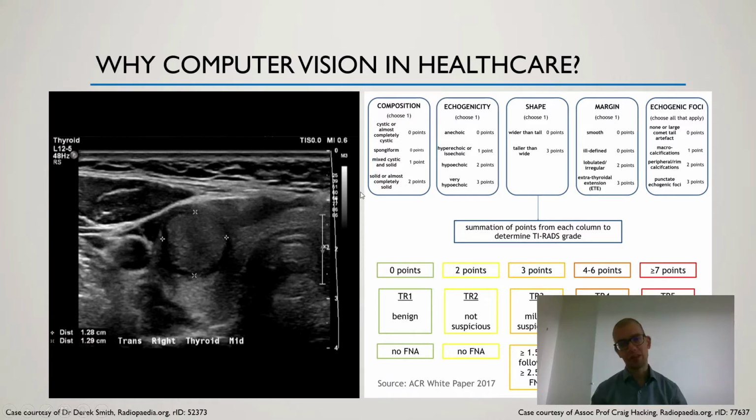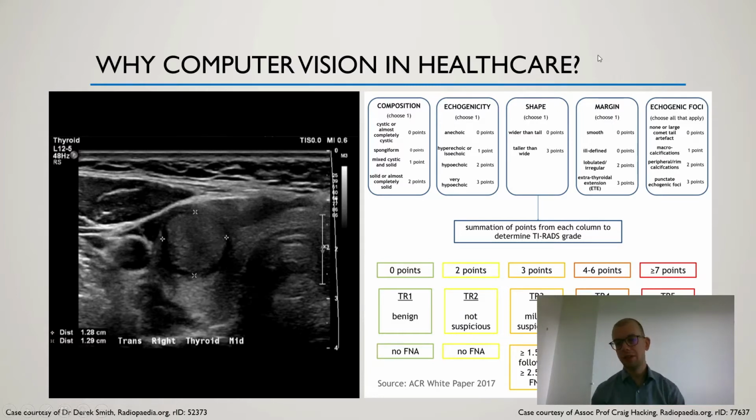Of course, he has to be trained to do this and skilled and know where to do the image and how to set up the machine. And then he does some measurements here, as you see here with the crosses, and he looks at some table.